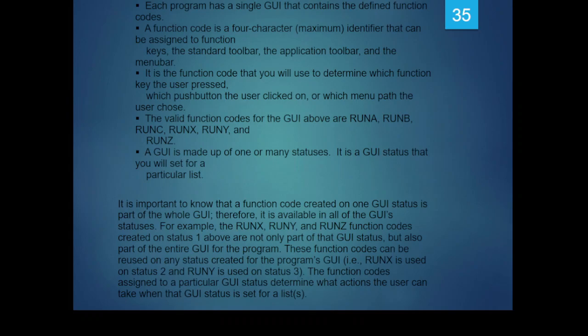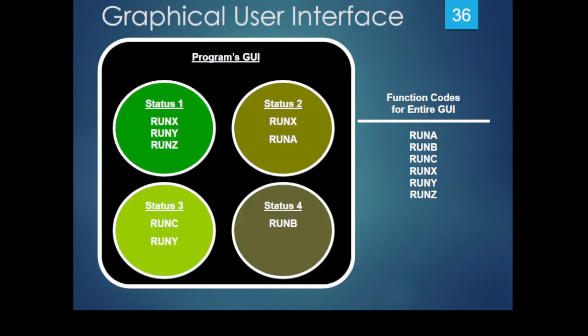The function code can be reused on any statuses created for the program GUI. That is, runX is used on status 2 and runY is used on status 3. The function codes assigned to a particular GUI status determine what action the user can take when that GUI status is set for a list.